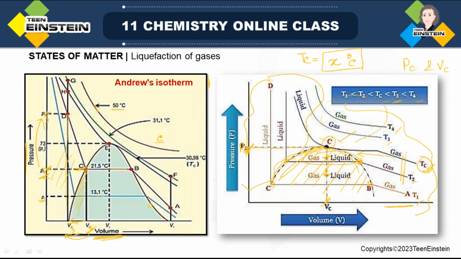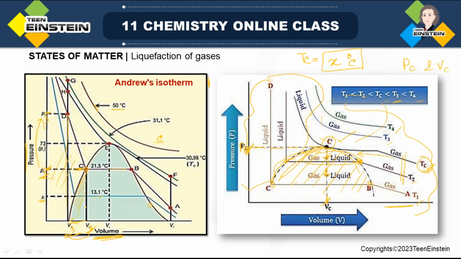So a little compression will lead to a very high increase in pressure, which we do not see in the gas zone, right? So this is the explanation for this Andrews isotherm.